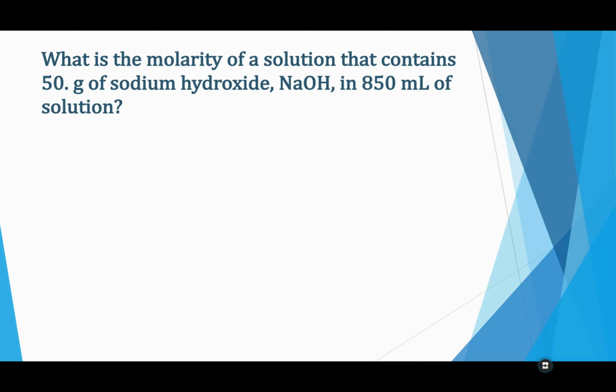So what is the molarity of a solution that contains 50 grams of sodium hydroxide in 850 milliliters of solution? So remember, when we're solving for molarity, we have a few things we need to keep in mind. Molarity is moles per liter.